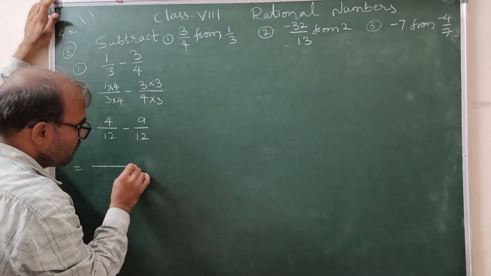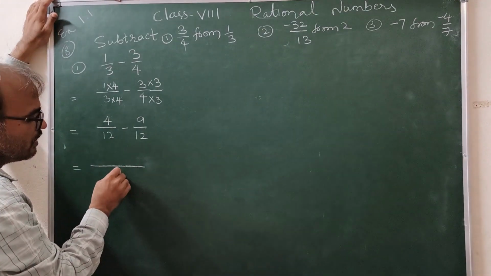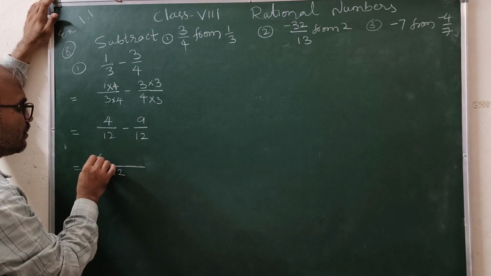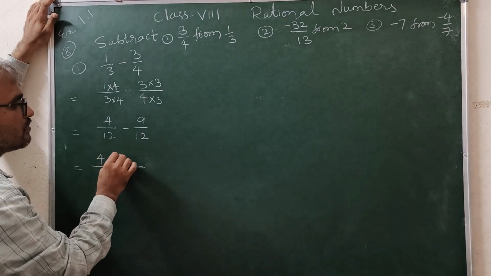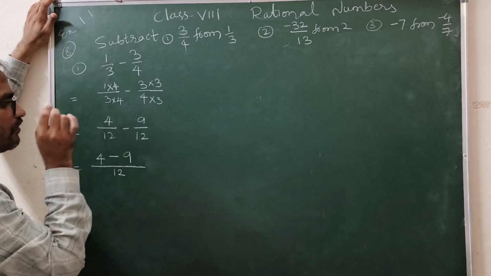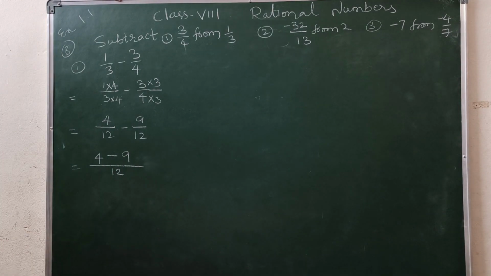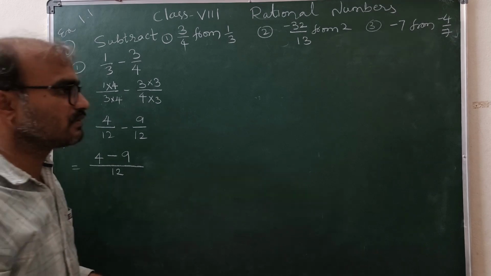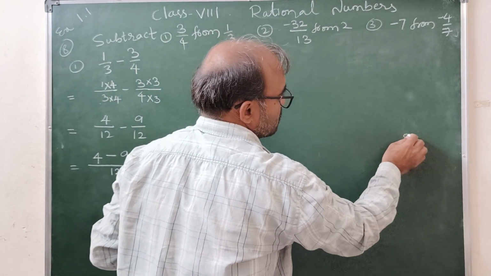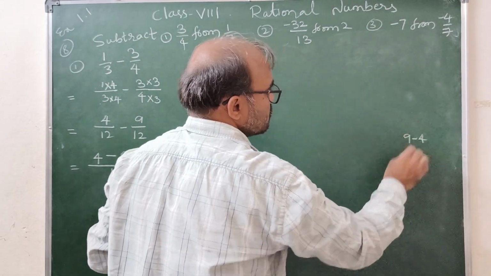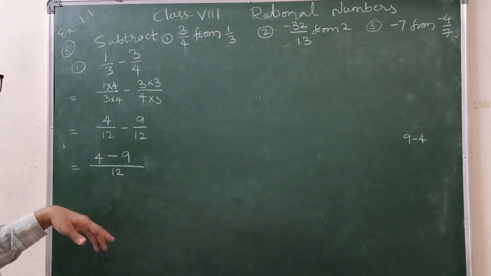Now as the denominators are the same, write the same denominator, and in the numerator, here 4 minus 9. Here again confusion will come. Up to 5th class you learnt big number minus small number. 9 minus 4 means subtraction means removing or taking away.